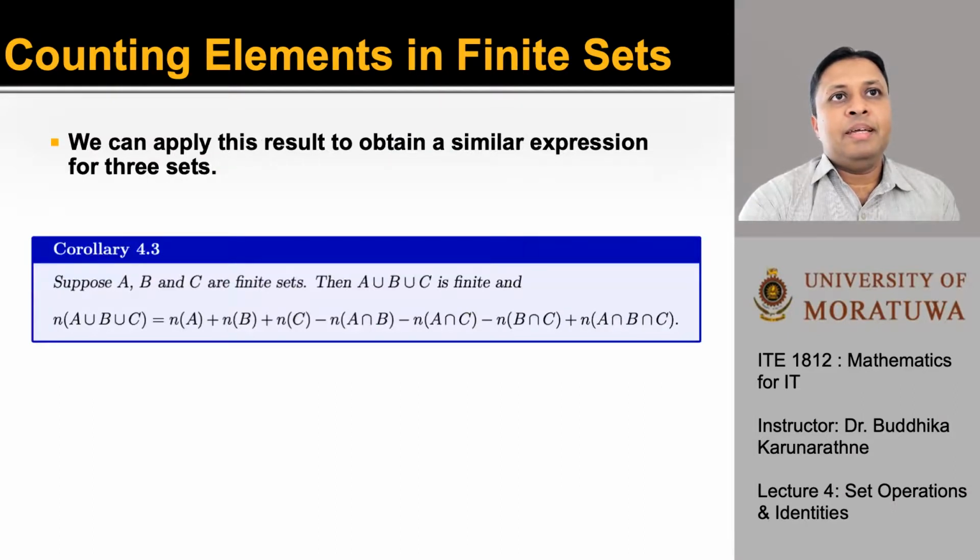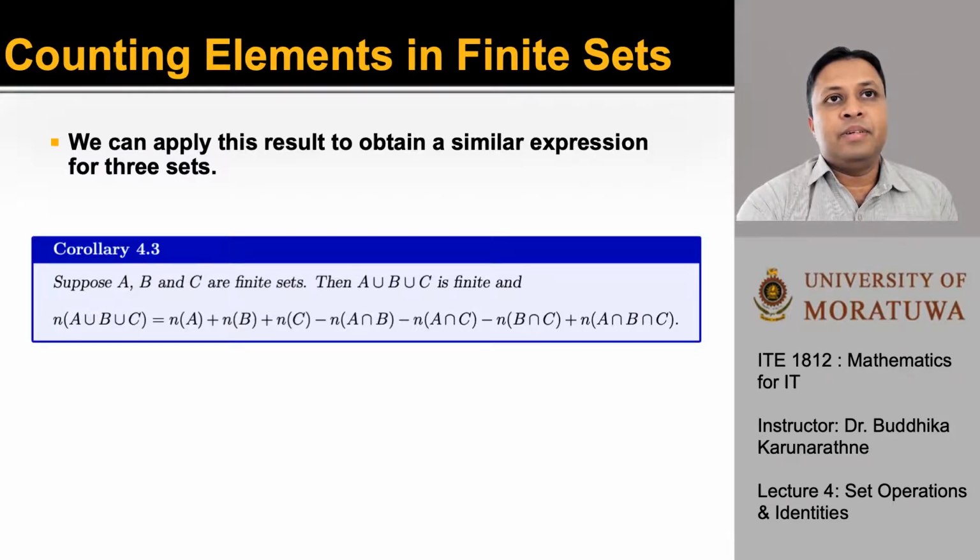We can apply this result to obtain a similar expression for three sets as well. Until now, we had only two sets, A and B, but we can extend this to three sets. Let's say we have A, B, and C finite sets.